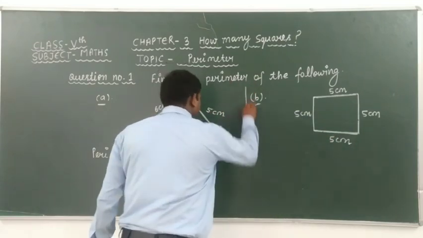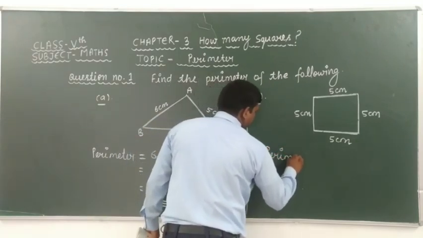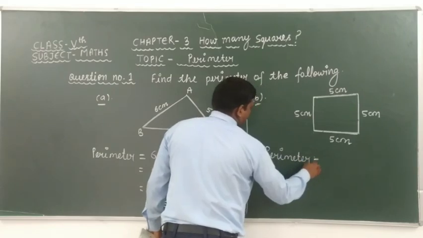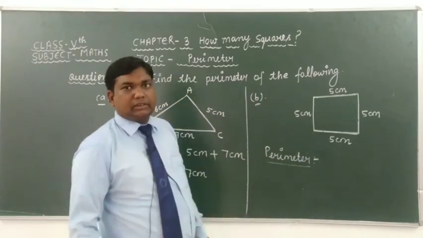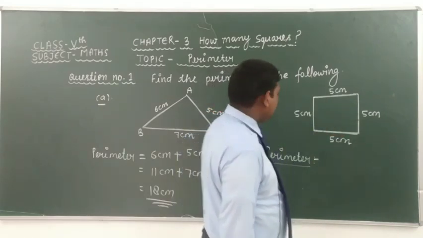Because a square has four equal sides. Understand?